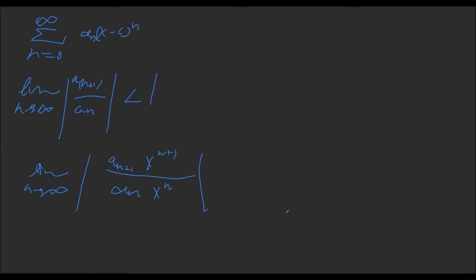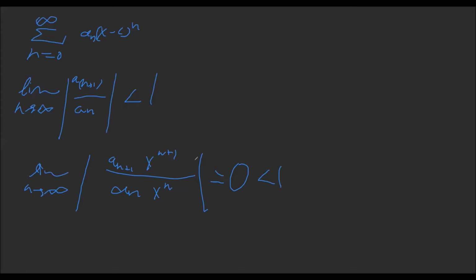Now, if this happens to be equal to 0, and there are rare instances in which it is, then the radius of convergence and interval of convergence of the series is infinity. That's because 0 happens to be less than 1.